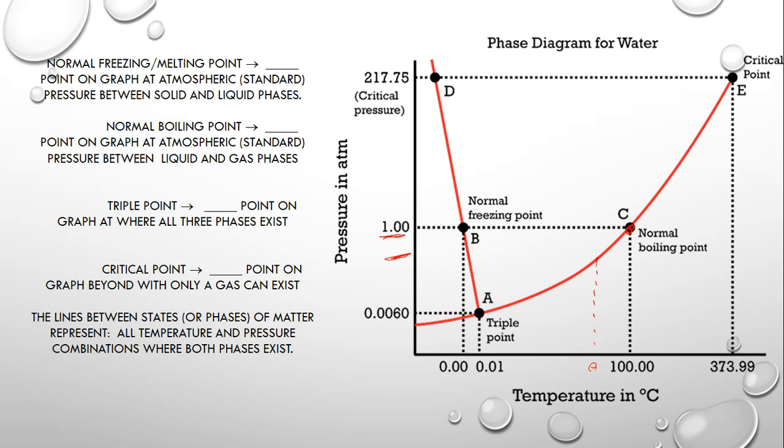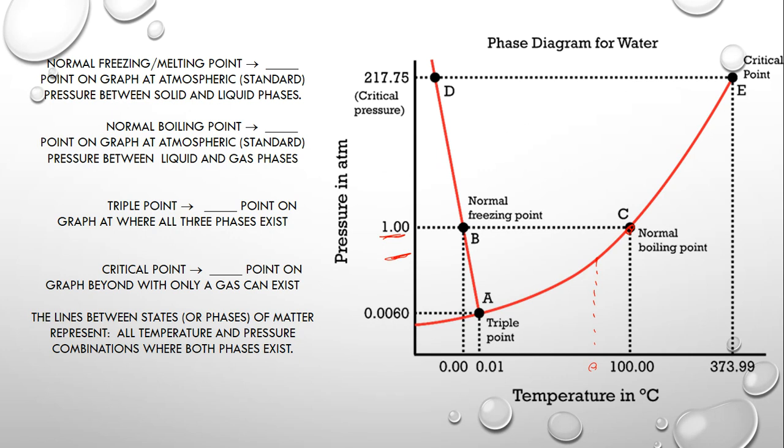So we made the observation that in theory you could boil water at room temperature if you could get the pressure low enough, and that's what I did in the vacuum. I was able to boil water in the class at room temperature by decreasing the pressure.